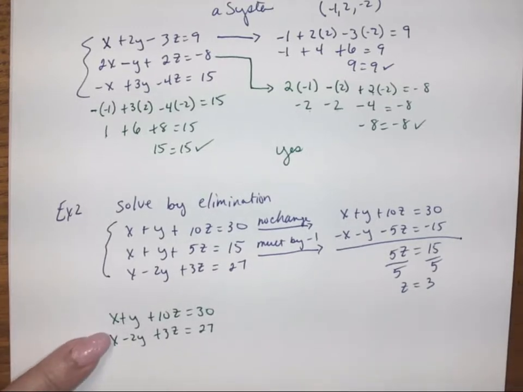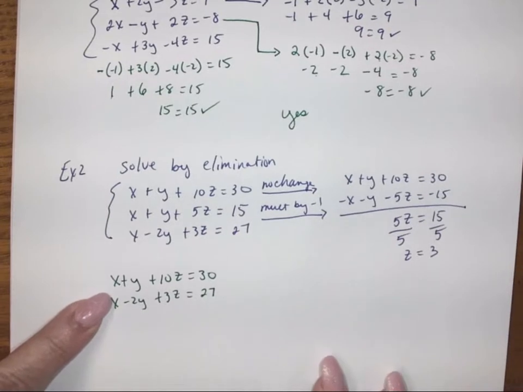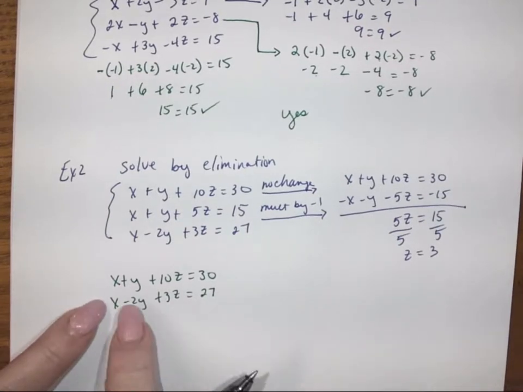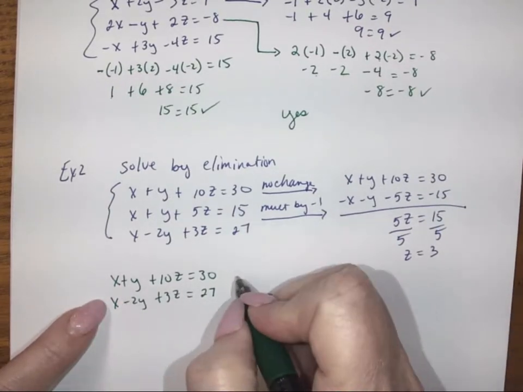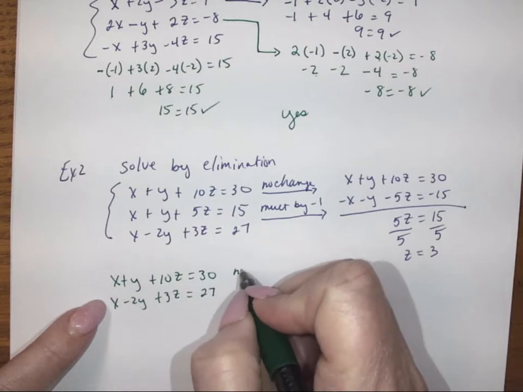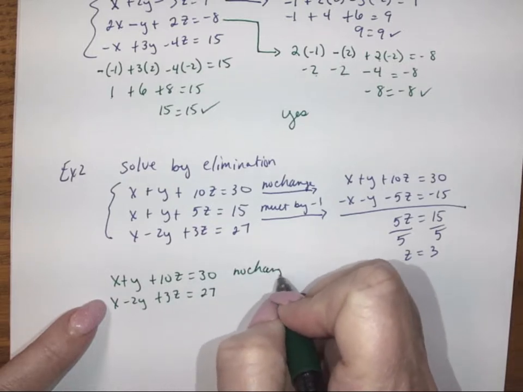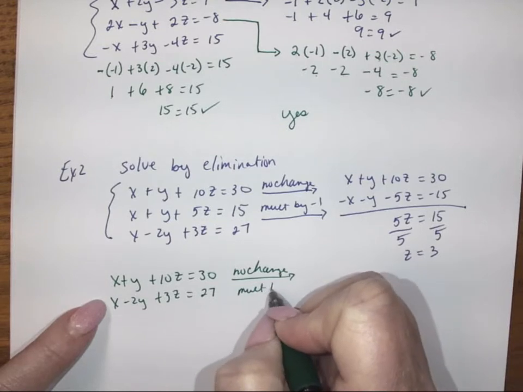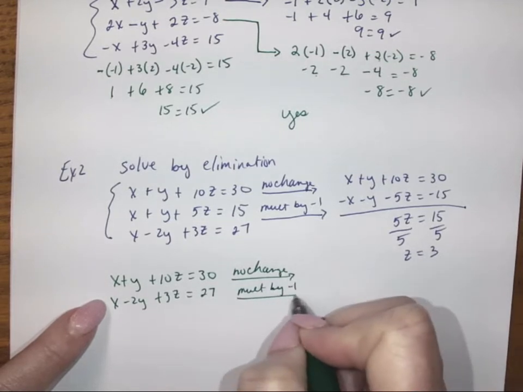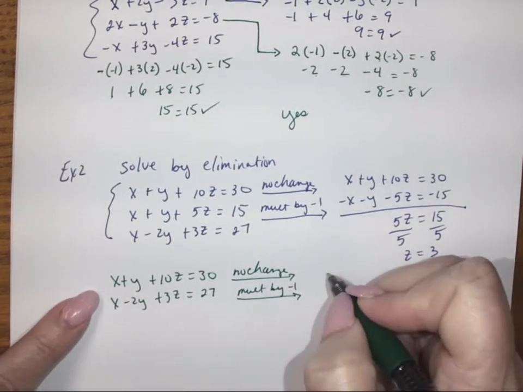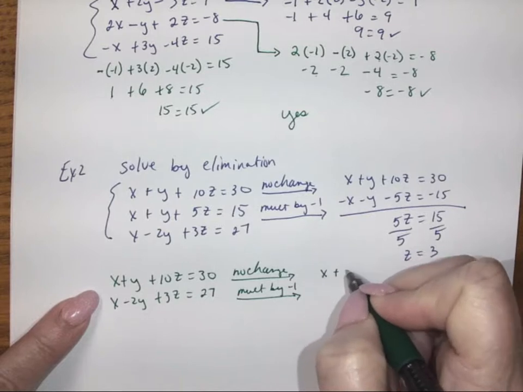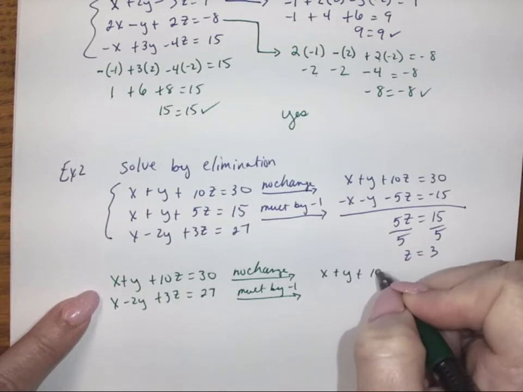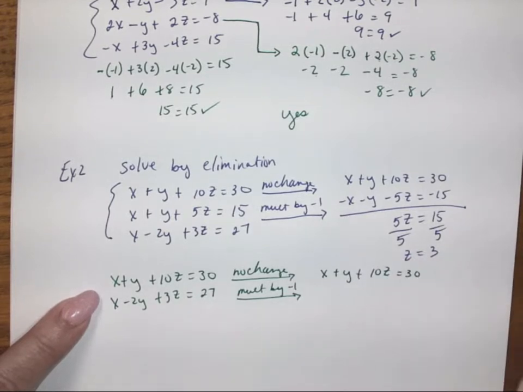So I'm going to again multiply by -1 on the bottom part, because then I can get rid of the x. So this will be no change, and this one will be multiply by -1. So no change, that just comes on over. x plus y plus 10z equals 30.